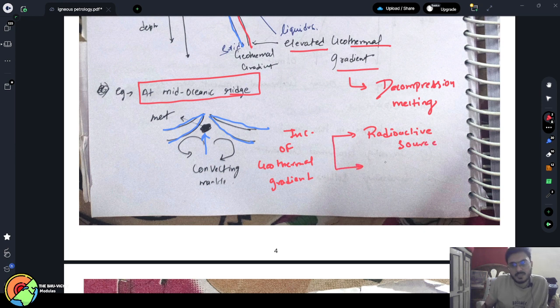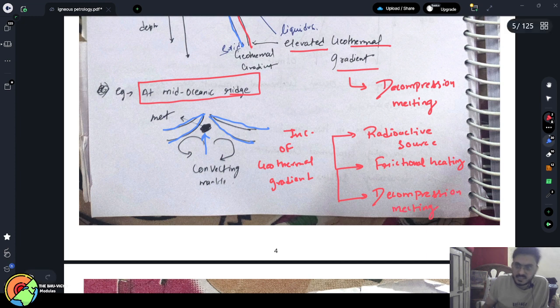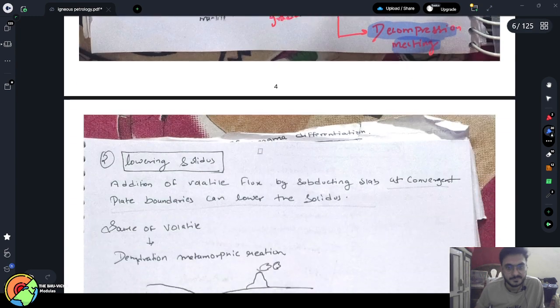Second method we have seen is frictional heating. And third we have seen is decompression melting, and this decompression melting we generally see in mid-oceanic ridges.